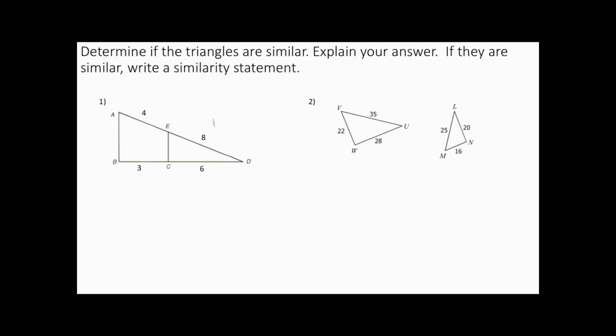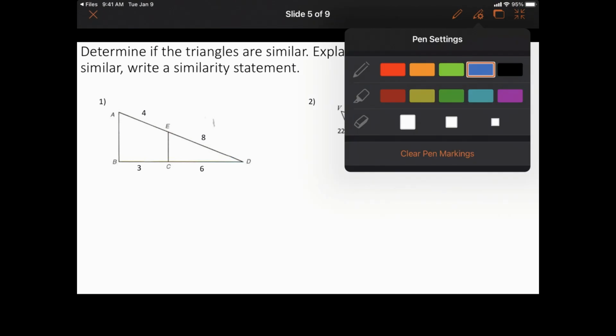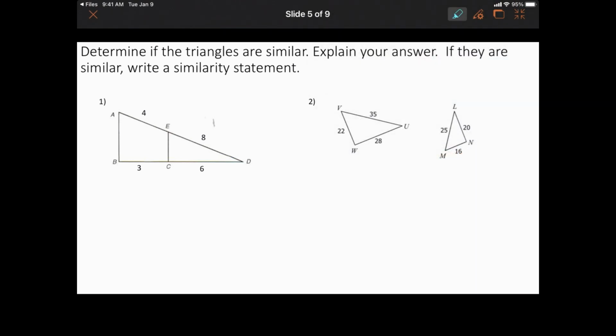All right. So take a moment to read the directions. All right. So triangles. Well, I only see one triangle. Number 1. Do you see 2 triangles? So that's the first thing. So there's one big triangle. Okay.